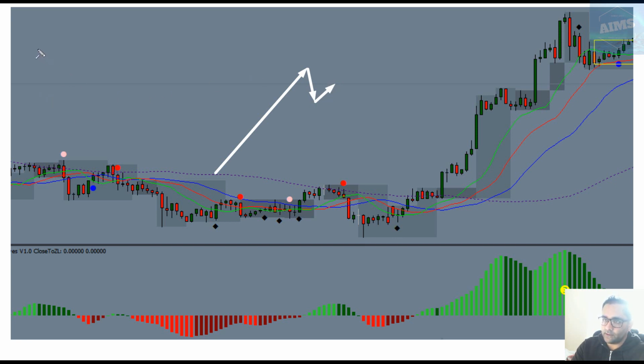So let's suppose this is your A down, and when it does this B up, it's going to do it like this. So around this area there's going to be a box formed, and then it's going to do a C, but that C means that it's going to start to go down now, start doing its own C wave, which will have 5 sequences.